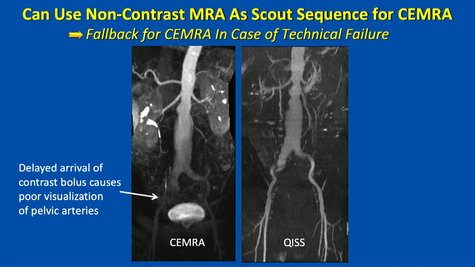Also, you can use non-contrast MRA as a fallback to contrast-enhanced MRA. This is an example of a patient with an abdominal aortic aneurysm, and with contrast-enhanced MRA, we didn't see the pelvic arteries very well because the bolus was essentially slowed down by this aneurysm, whereas when we ran the KISS study, which only requires minimal inflow, we saw these pelvic arteries very well.